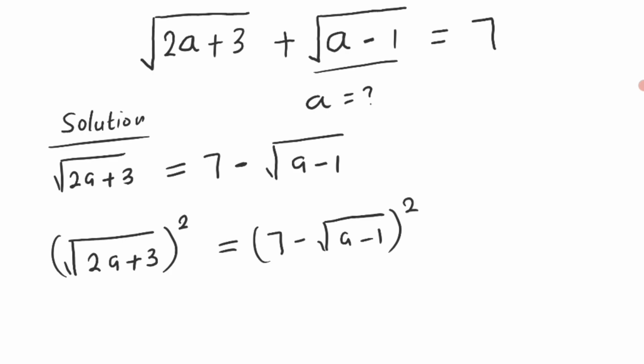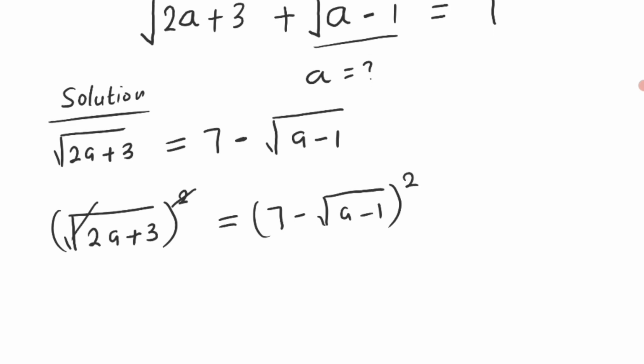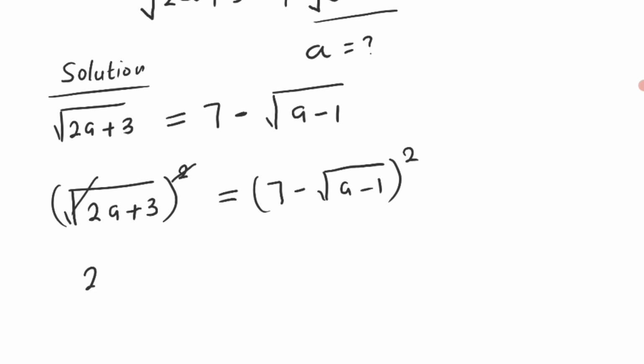As you can see, this cancels this. Then we have 2a plus 3 is equal to 7 minus square root of a minus 1 all square.